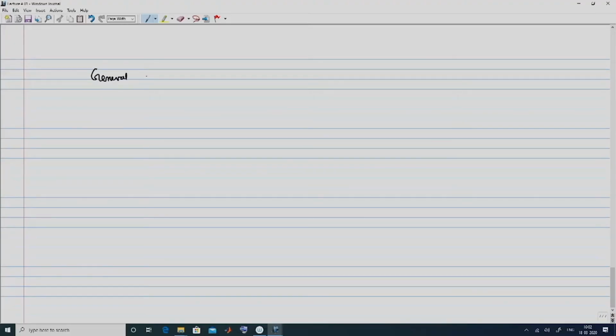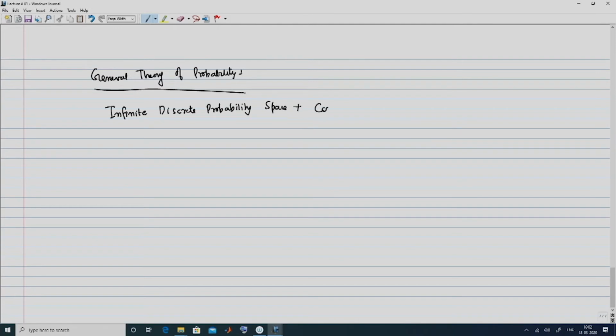So, accordingly we now start on the general theory of probability, and we will now move on to two things. One is the infinite discrete probability space, and we will talk about continuous probability space.